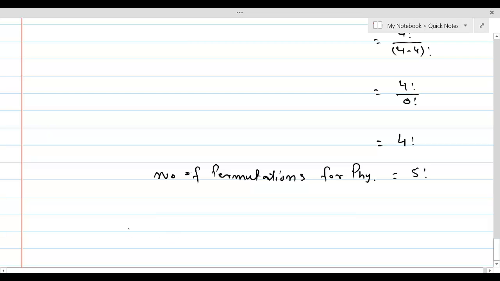And now if physics books are treated as one block and math books are treated as another block, then the permutations for two blocks of books would be equal to 2 factorial.